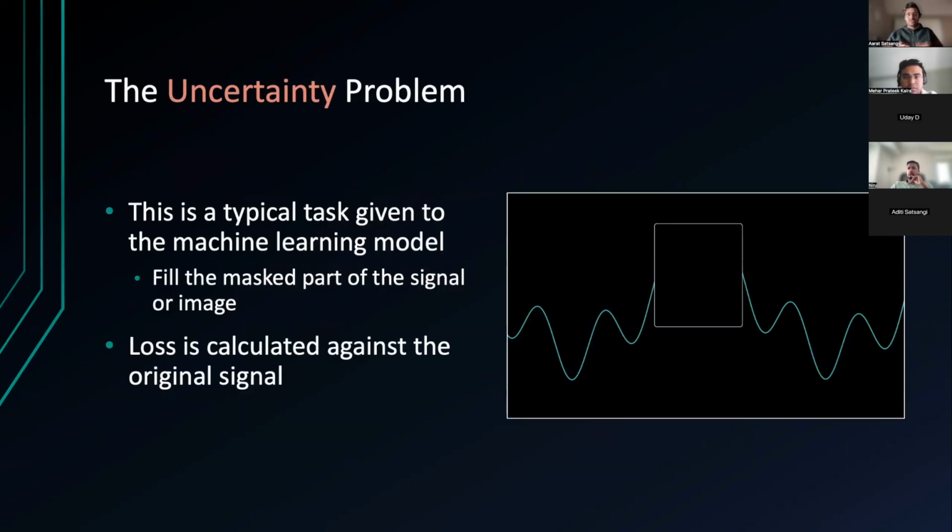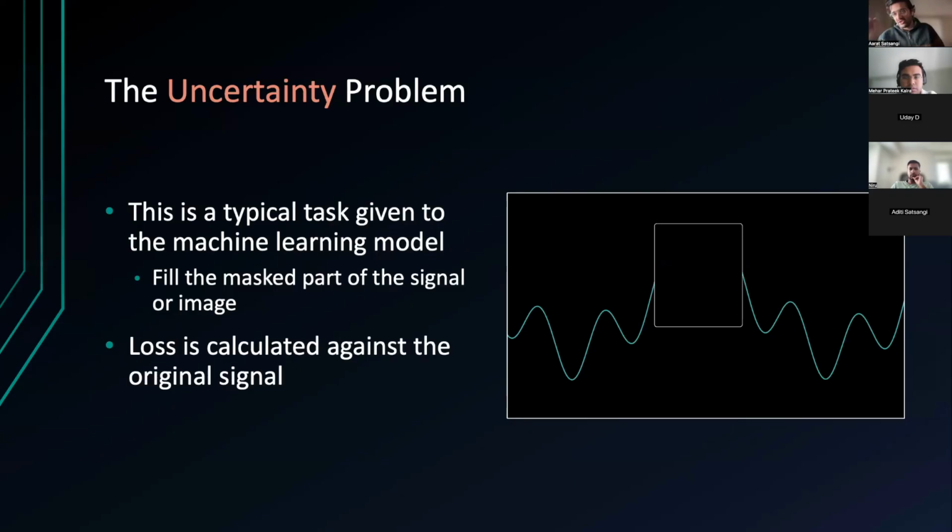Imagine that you have to fill the masked part of the signal or the image, and this masked part can be filled in the representation space in invariant space methods, or in generative methods. You'll have to completely fill it, right? So the loss will be calculated against the original signal, and this is the task that you have been given.